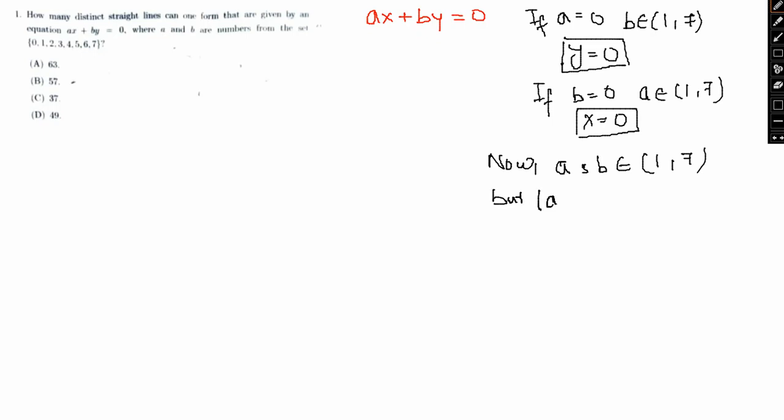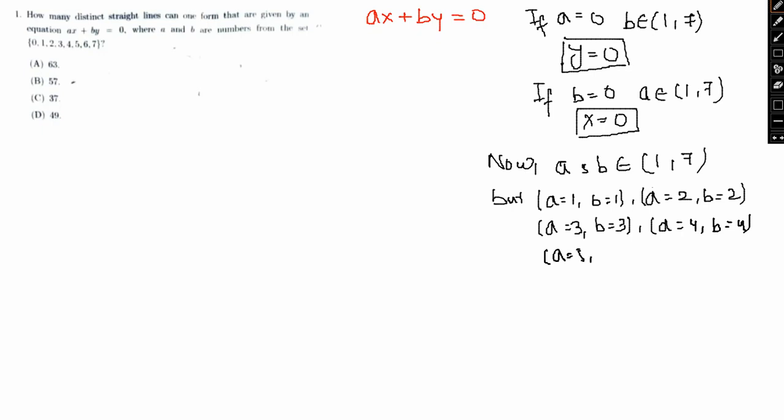But if we take a look, a equal to 1 comma b equal to 1, a equal to 2 comma b equal to 2, a equal to 3 comma b equal to 3, a equal to 4 comma b equal to 4, similarly a equal to 5 comma b equal to 5, a equal to 6 comma b equal to 6, and a equal to 7 comma b equal to 7.